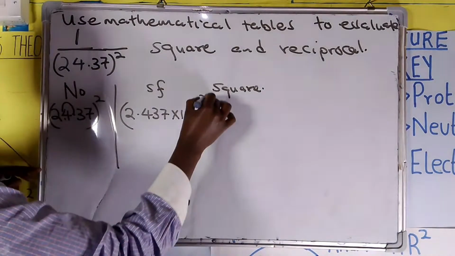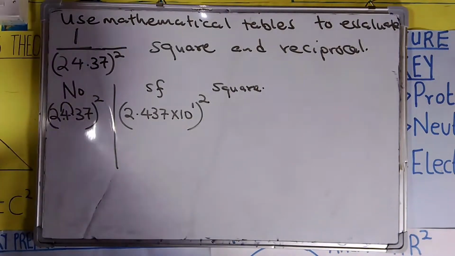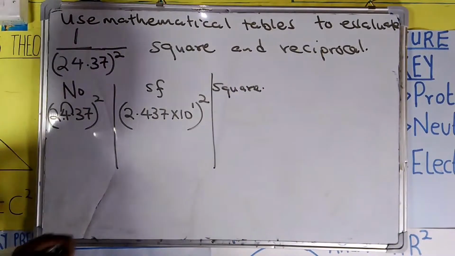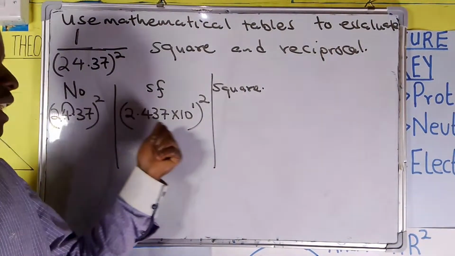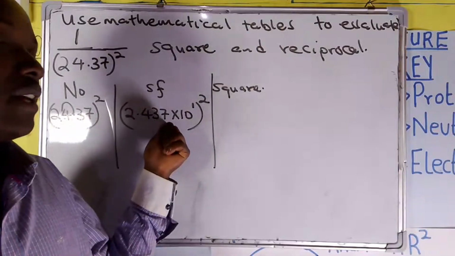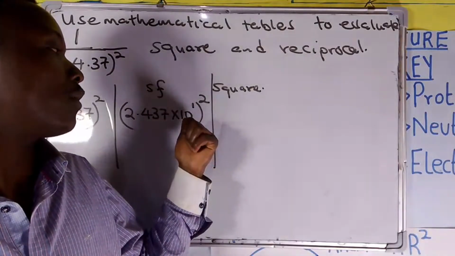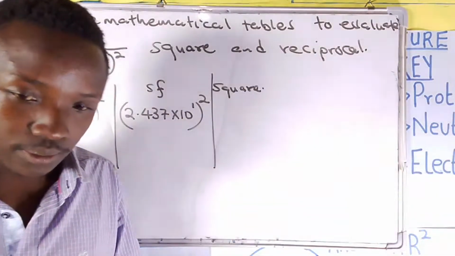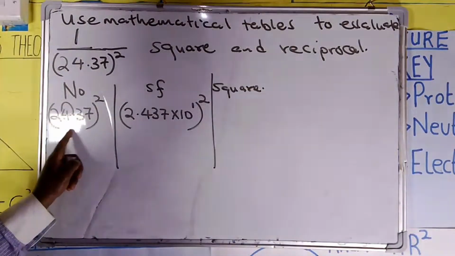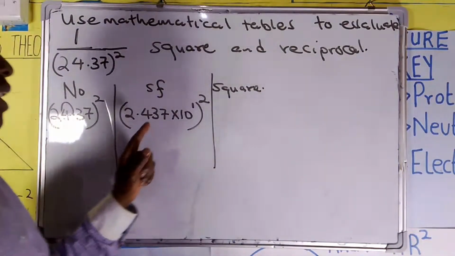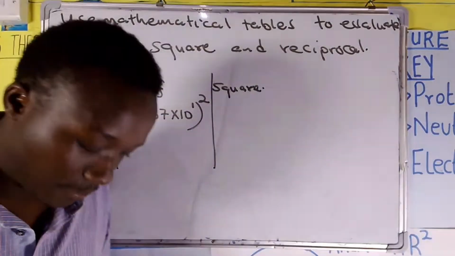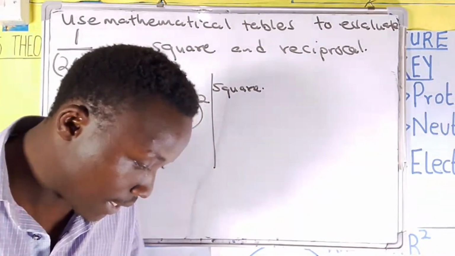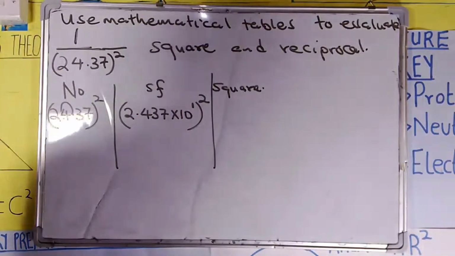Then we are squaring. What this means is that we first find the square of 2.437, then we also find the square of 10 to power 1. This number is the same as this one, the difference is just that it has been written in standard form. So we will now use the tables of squares.